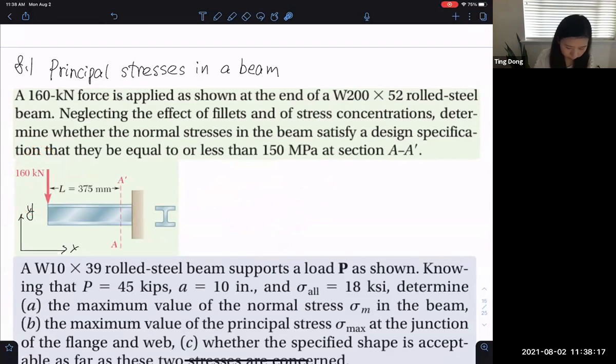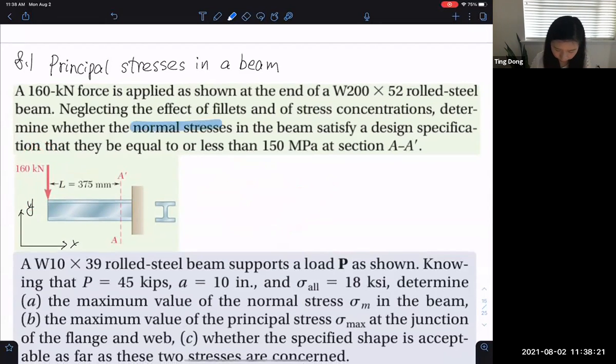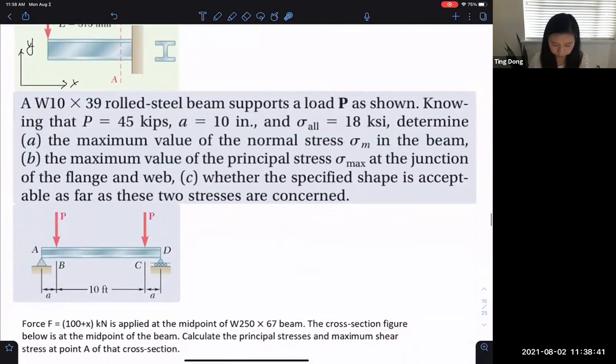So you can see the question type: whether the normal stress satisfies the design specification. Basically I have the allowable stress here, and you need to calculate the maximum normal stress in the beam and compare it with this allowable normal stress. For this one, same thing.